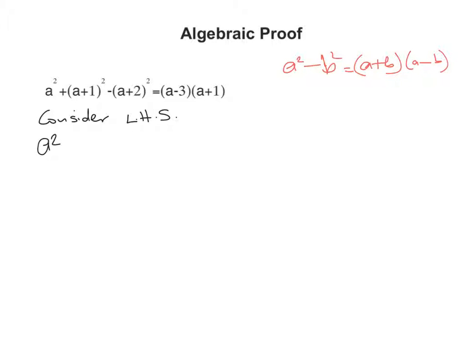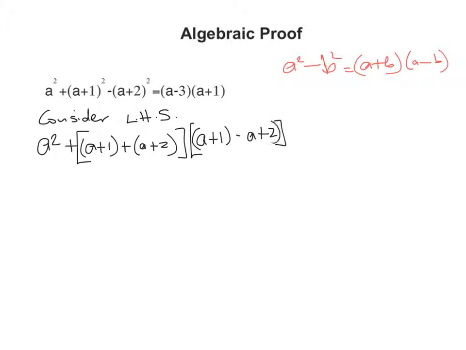So that gives me a squared plus, and then what I'll do is I'm going to say that this is a plus 1 plus a plus 2, and I'll put those in big brackets like that, and then a plus 1 minus a plus 2. I'll put those in little brackets and then the big brackets after.